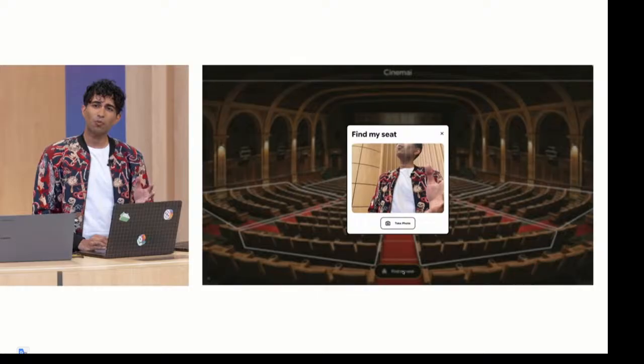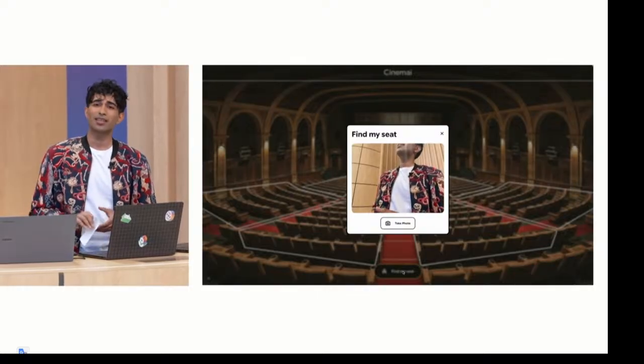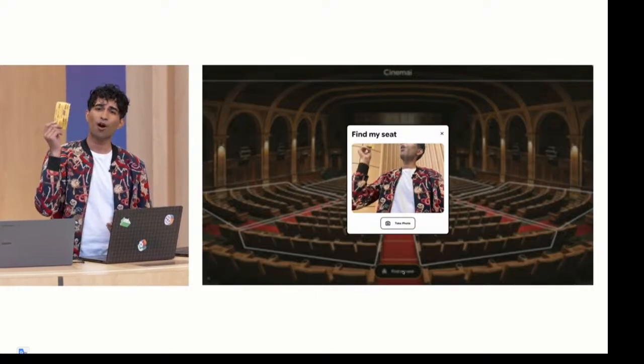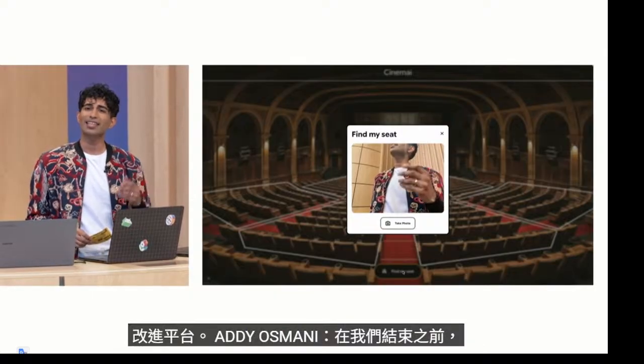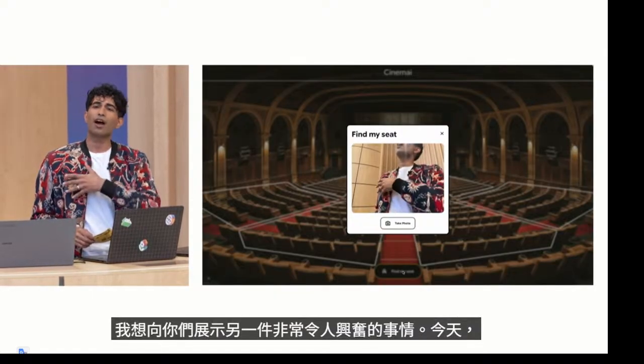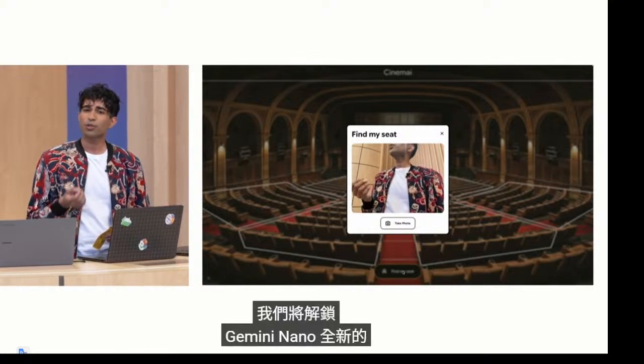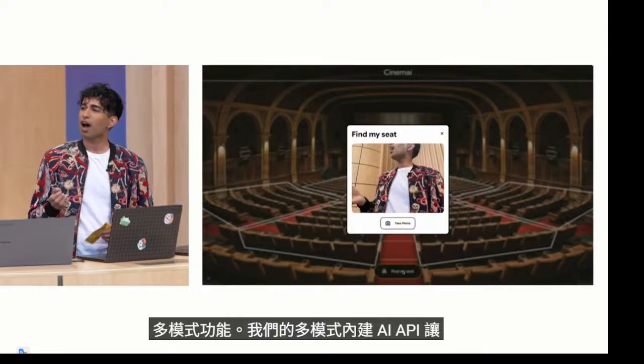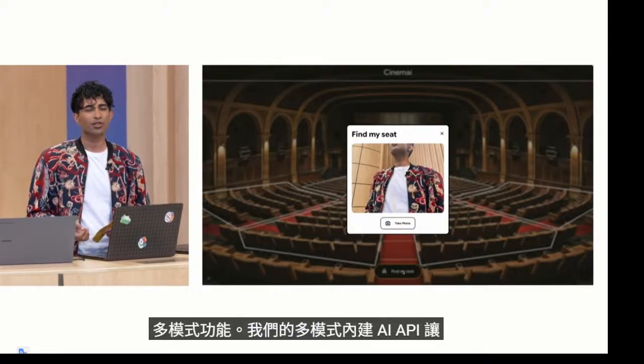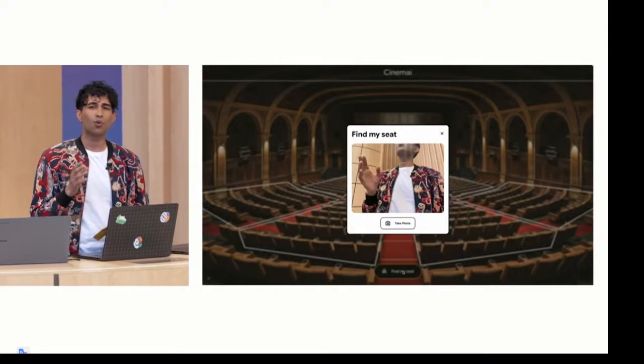For this, we need a function that can extract information from a photo of our ticket and highlight it in the app. And I want this to work on every device and in every browser. So we've partnered with Gemini and Firebase to offer a hybrid solution that works everywhere, on device or in the cloud.